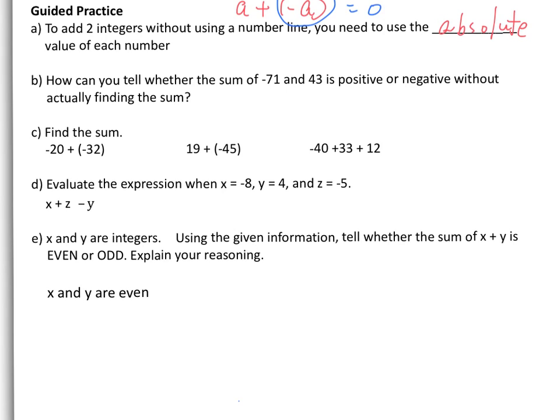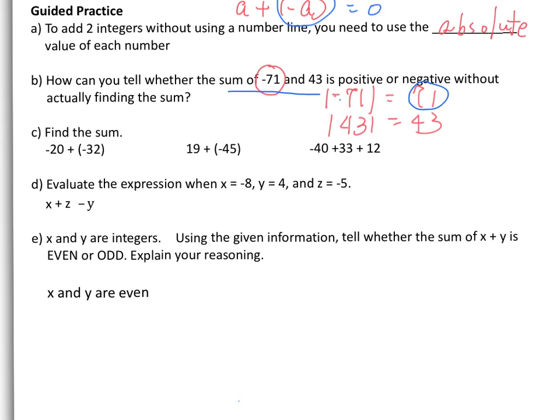The sum here has to be negative because you need to look at the number with the greater absolute value. Negative 71, the absolute value is positive 71. The absolute value of positive 43 is 43. Since negative 71 has the greater absolute value, when you take the sum of these two numbers, the final sum will be negative.